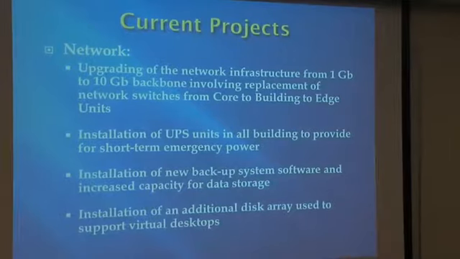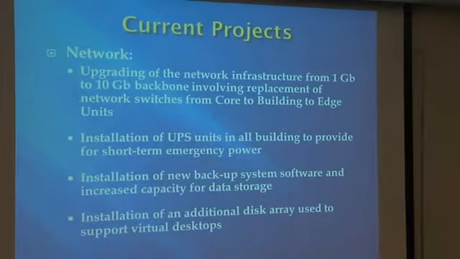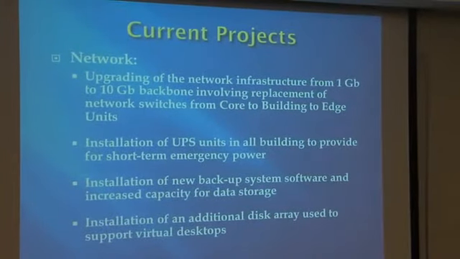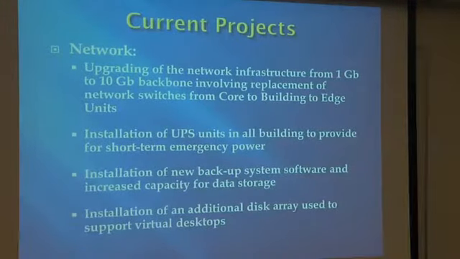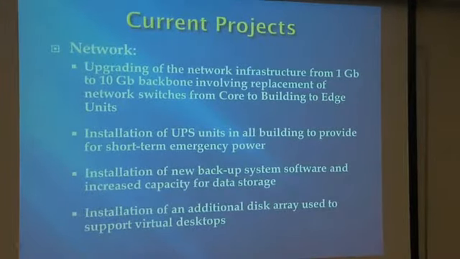Current projects. Over the last 18 months, we've taken a look at what are the critical areas that we had, looking at what we had done historically in terms of our systems. We then looked at what some of the criticals were, what we needed to do. One of those things, when we did an inventory of our end user equipment, we looked at the backbone infrastructure equipment.